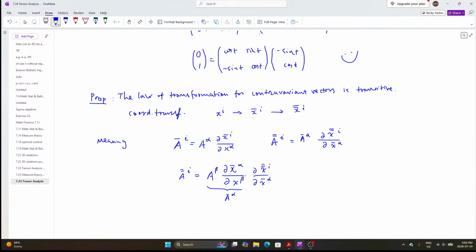Notice what happened. You have a Kronecker delta, I believe. Actually, that's not Kronecker delta. That's just a new Jacobian, because, hold on a second. What is going on? Yeah, alpha is summed over.